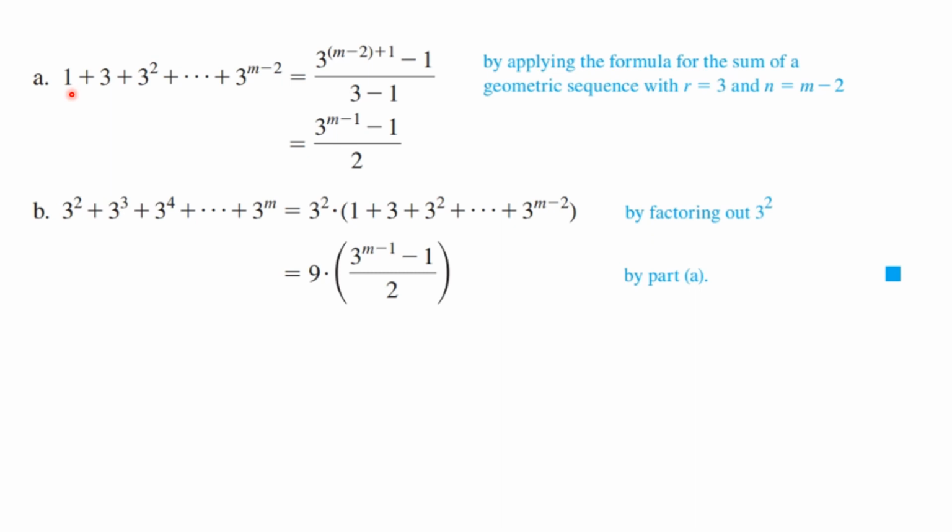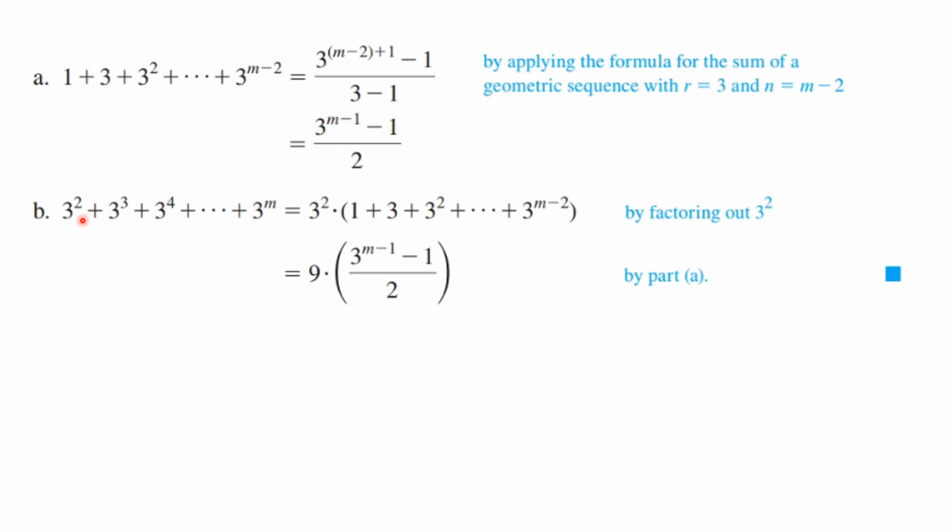Okay, here the r in our formula is 3. So this is going to be 3, and it goes up to m minus 2, so that is going to be 3 to the m minus 2 plus 1, minus 1, all over this. And when I simplify this, m minus 2 plus 1 is m minus 1, and so this is what I get from my simplification.